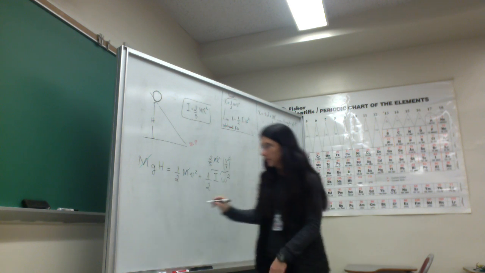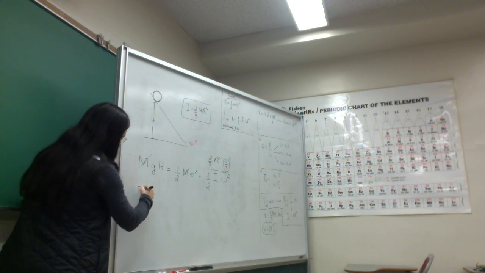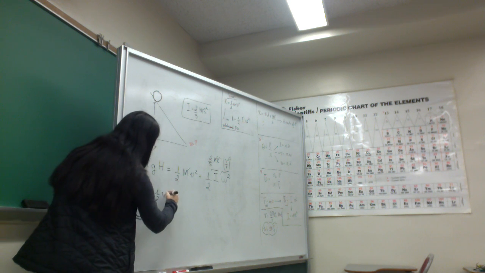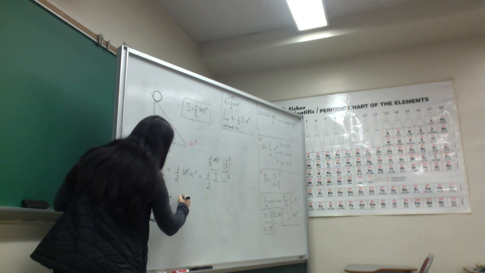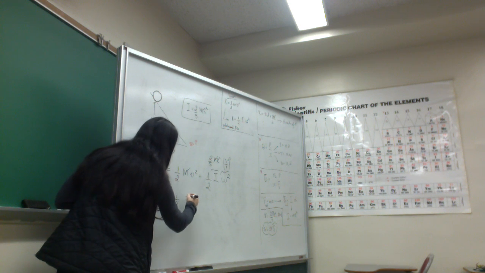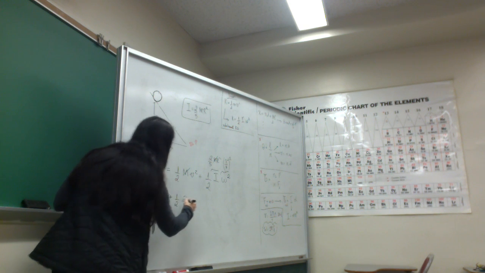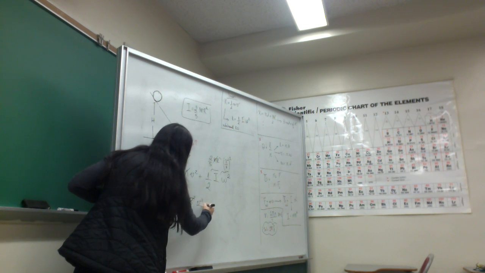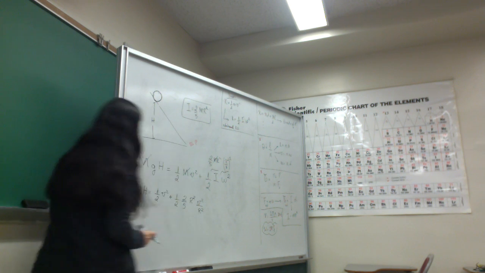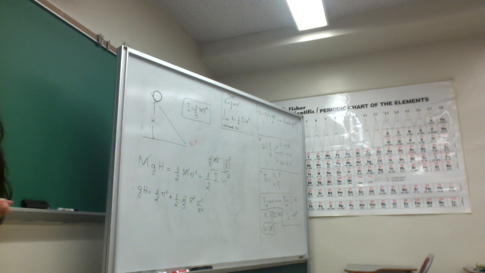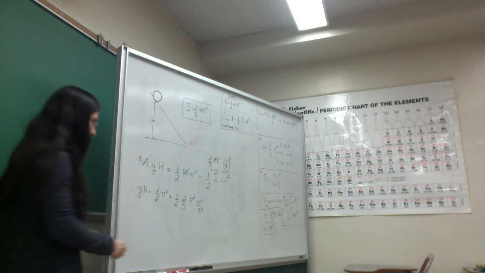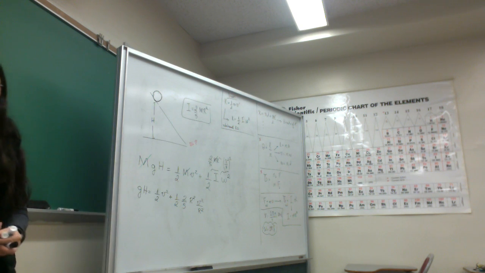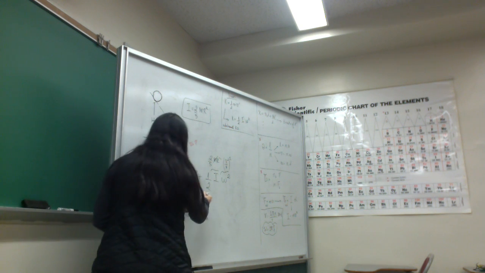So let me put everything here. I have GH equals 1/2 of V squared, and then I have 1/2 of those 2/5 that remain. I have R squared, V squared over R squared. R squared cancels out, so let me get rid of this R squared.